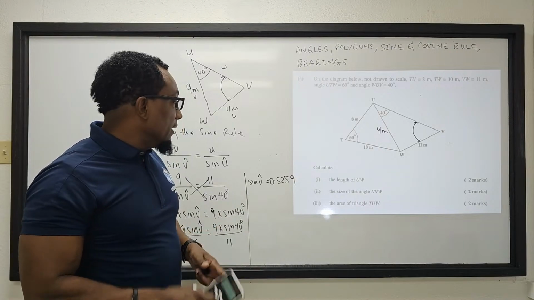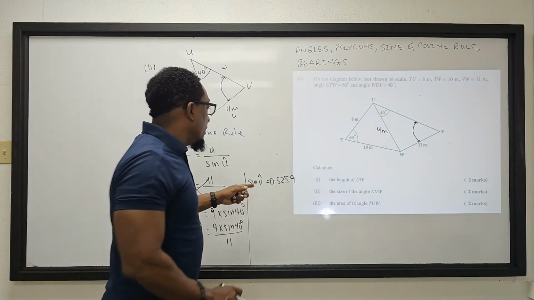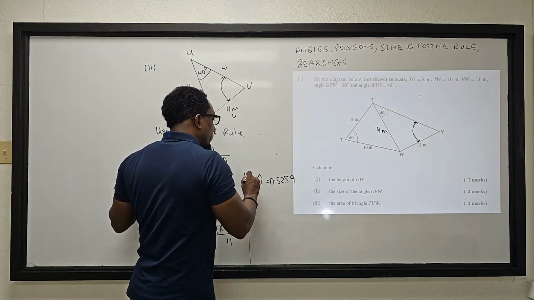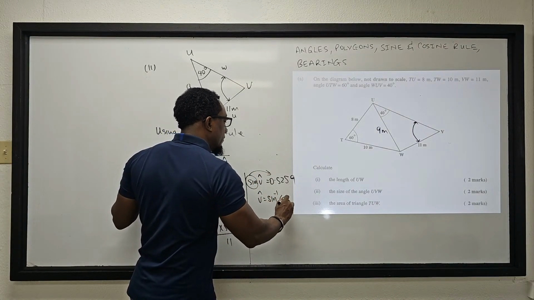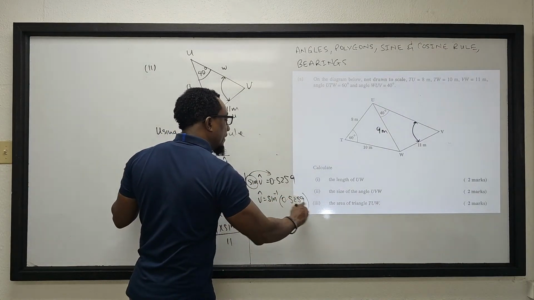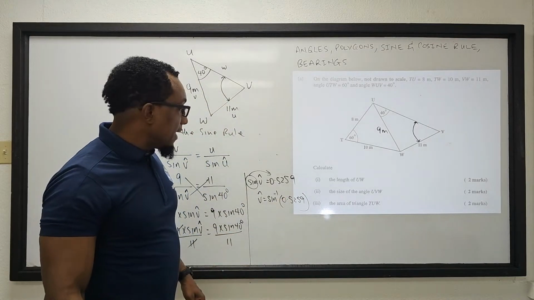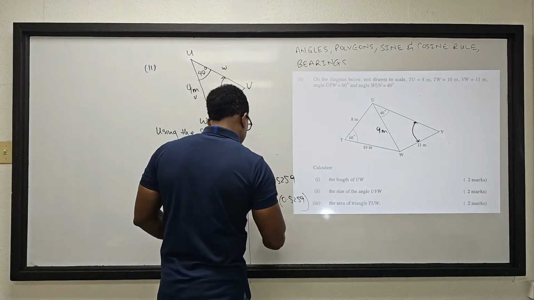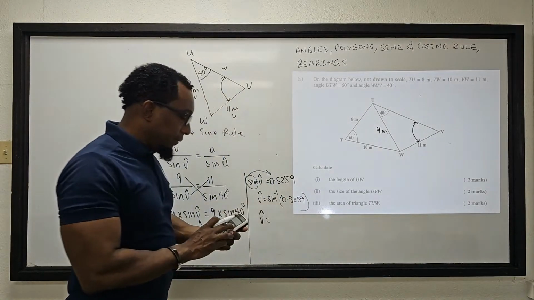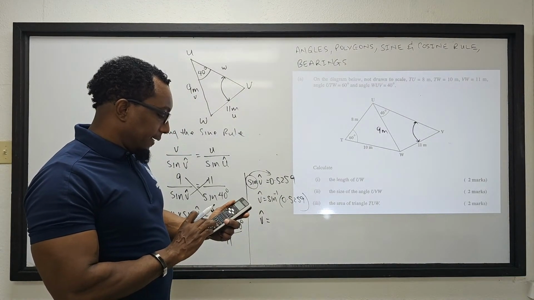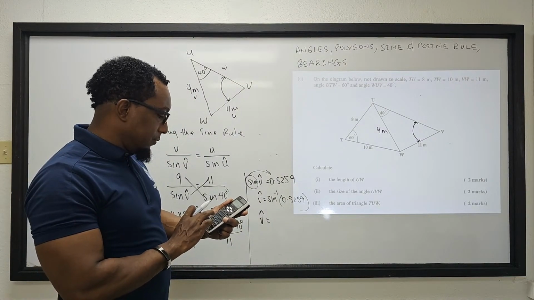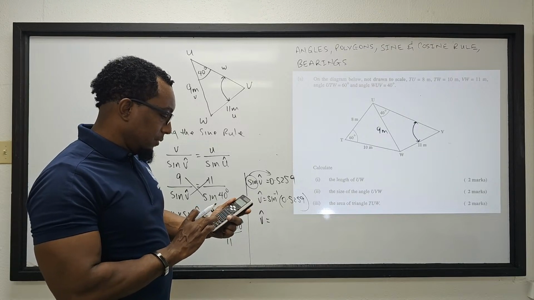And therefore to get V by itself now, I need to remove sine, which will come across as sine inverse of 0.5259. Let's find sine inverse of that. So angle V will be sine inverse, shift sine, of bracket 0.5259 close brackets.